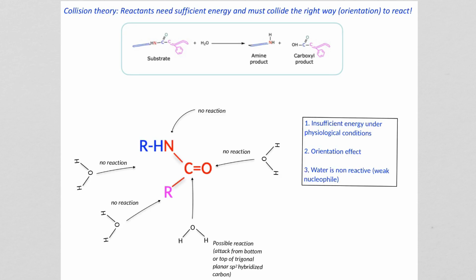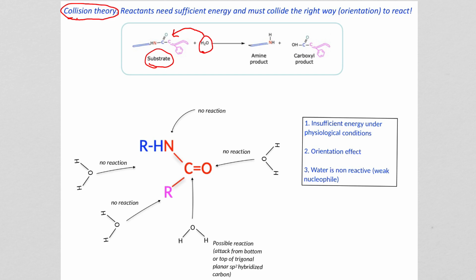According to basic chemistry, reactions happen because of what we call the collision theory. That means reacting molecules are always moving around. So this protein is moving around, water is moving around, and sometimes they can collide with one another.